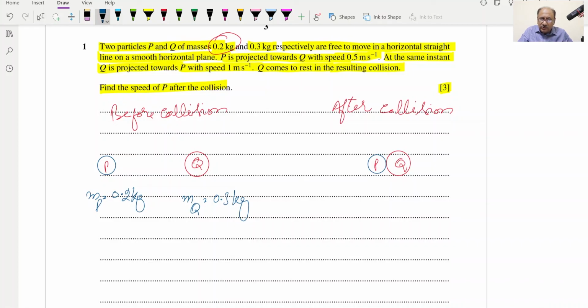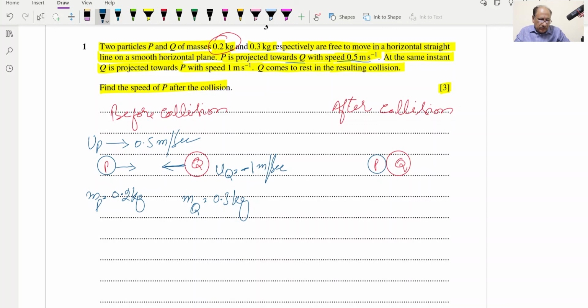This is mass, and the velocity situation is that P is projected towards Q with a speed of 0.5. So UP is to this side with 0.5 meters per second, whereas UQ is in the opposite direction, so UQ equals minus 1 meter per second.